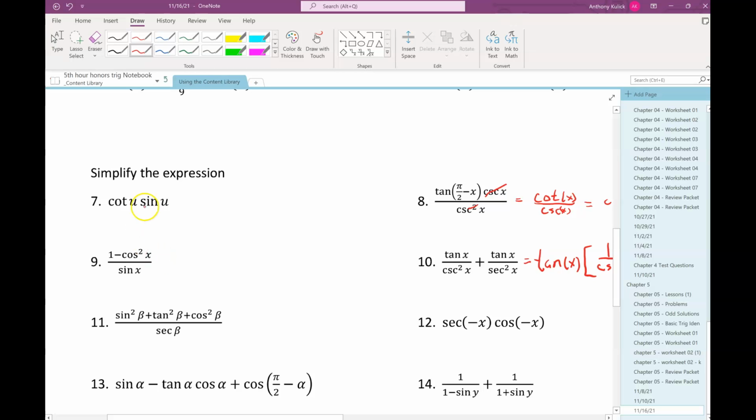I know that there's nothing algebraic to do here, or nothing obviously algebraic to do here. What I'm going to do is I know that 1 is equal to sine squared plus cosine squared. So I'm going to make that substitution.